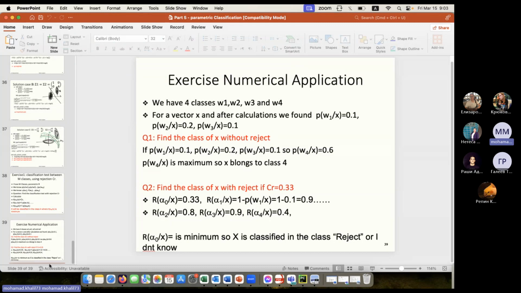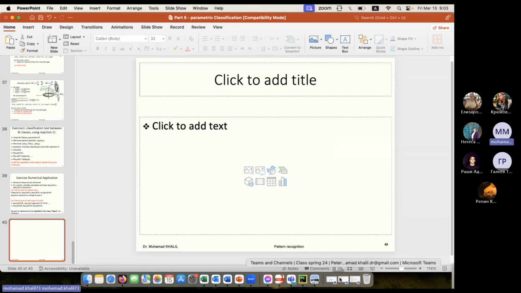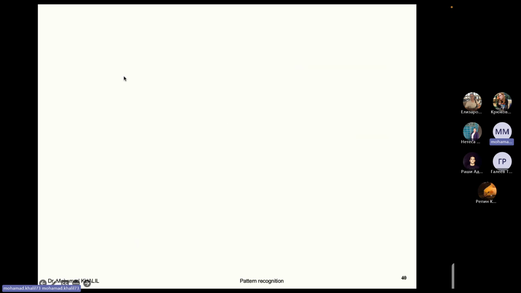I will add a new slide because I want to keep the explanation. Look, in practice, someone gives you x, which is x1, x2. I will explain with just two vectors in R2, okay?